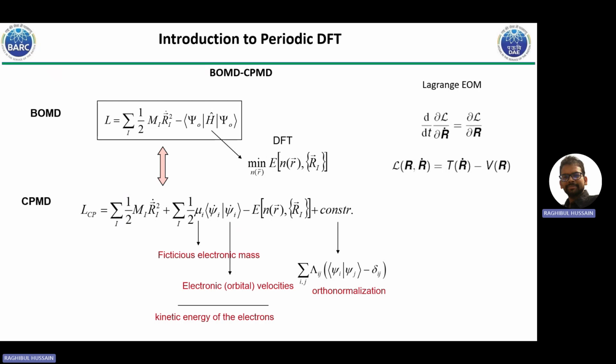Now let us see what is happening here. Yesterday we saw that you will get the ground state energy if your density is the true density. We discussed that part, and now we are putting it here. So this is my equation of motion. It is similar to the Newton equation of motion.